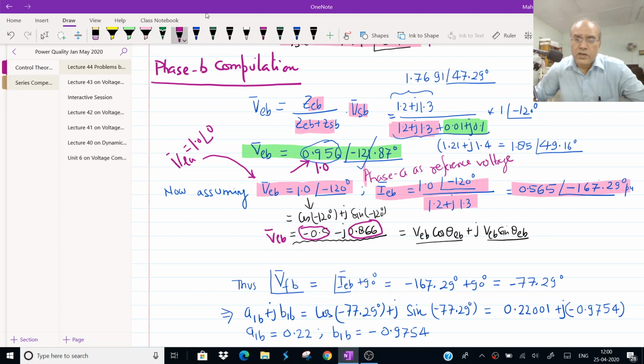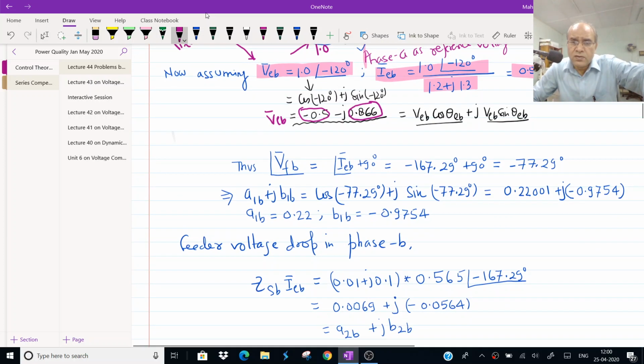Okay, this is the value of the BLV phasor. You can say these are the real and imaginary parts of BLV, because this equation has to be used somewhere.